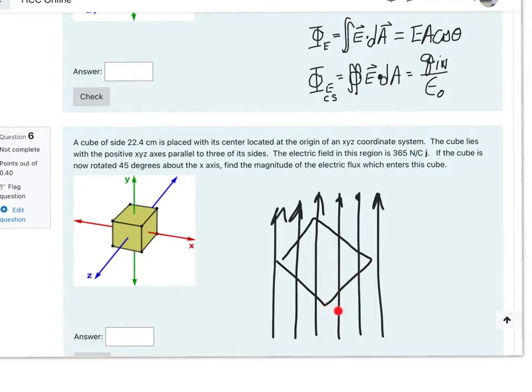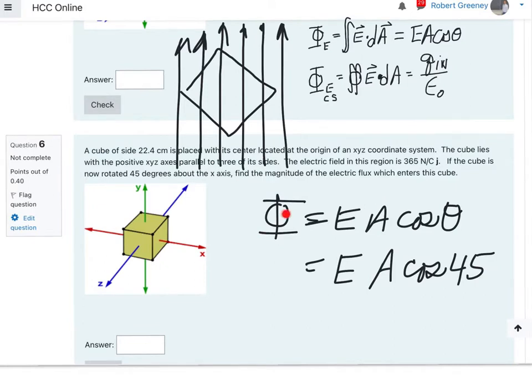So the flux through this plus the flux through this is going to be, can you write the equation for that? So flux is EA cosine theta, E is given, A, calculate it in meters squared, and the angle between the E and the A, remember the A is facing this way, the field is going that way, is 45 degrees.